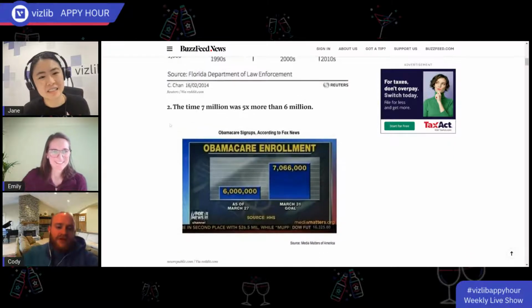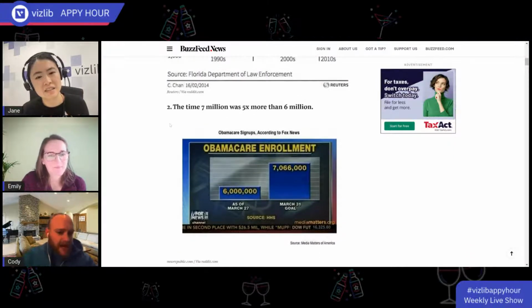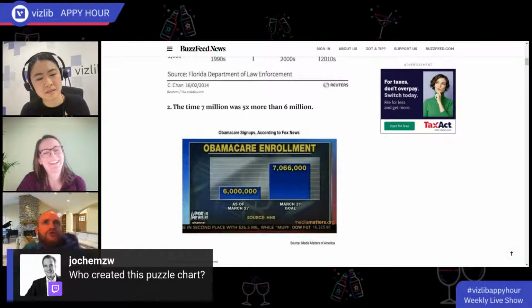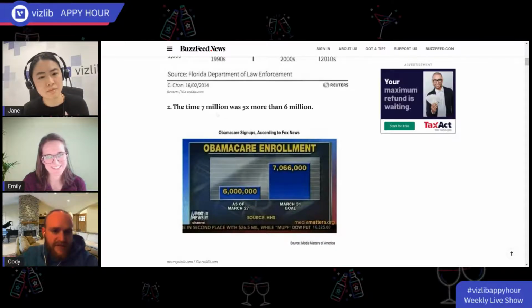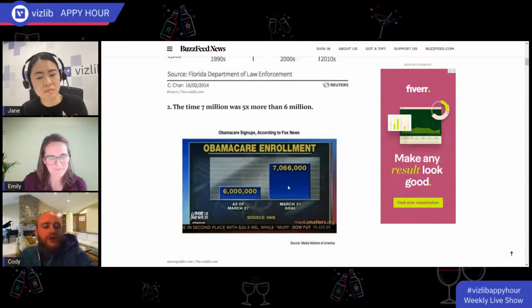So this is another one as far as visualization. This is the news trying to tell you the story, with Obamacare enrollment. You can see the title at the time: 7 million was 5 times more than 6 million. When you see 6 million taking up 1, 2, 3 rows, and all of a sudden 7 million is 5 times more than that, it makes you believe that this chunk of the graph is so much more.